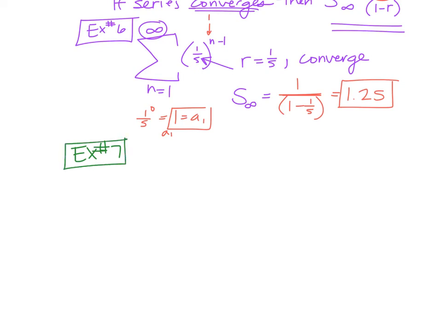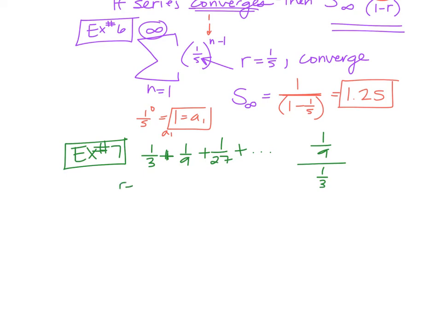Okay, example 7. Let's say we have 1/3 plus 1/9 plus 1/27 plus ... Okay, so it goes on forever. You need to figure out what is your common ratio. And again, remember, you can always do the second term divided by the first term if you don't see what your common ratio is.